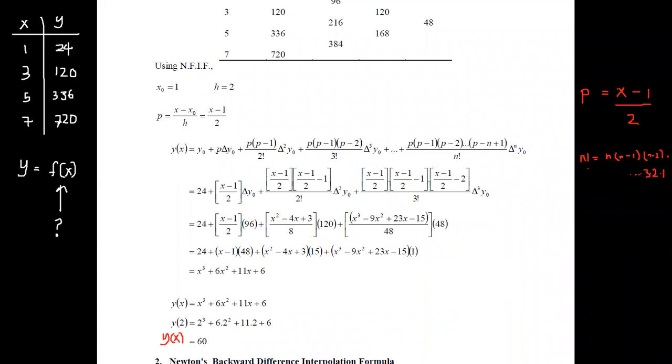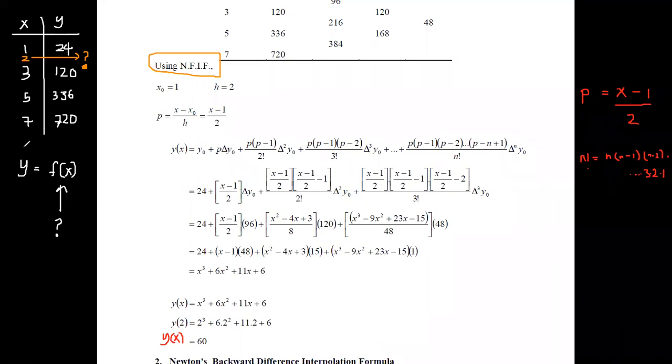If you are asked what is the value of y when x equals 2, in this situation you can definitely use Newton's forward interpolation formula. It is because the value that we need to approximate is somewhat at the beginning of this data set. Therefore, we can directly use Newton's forward interpolation formula.